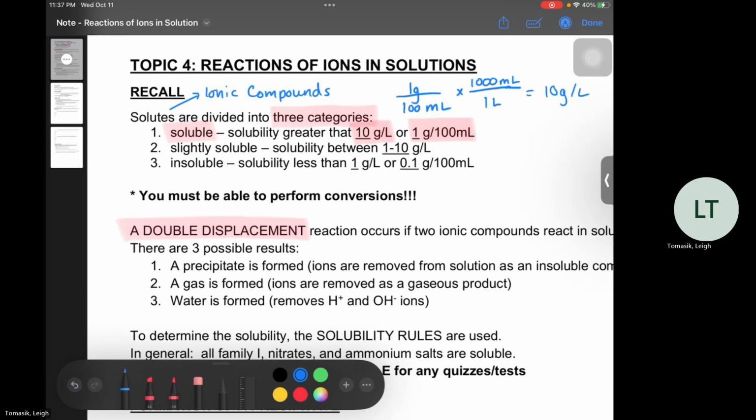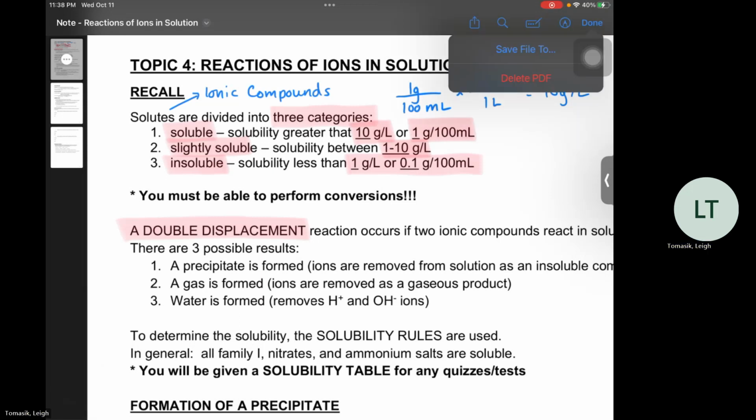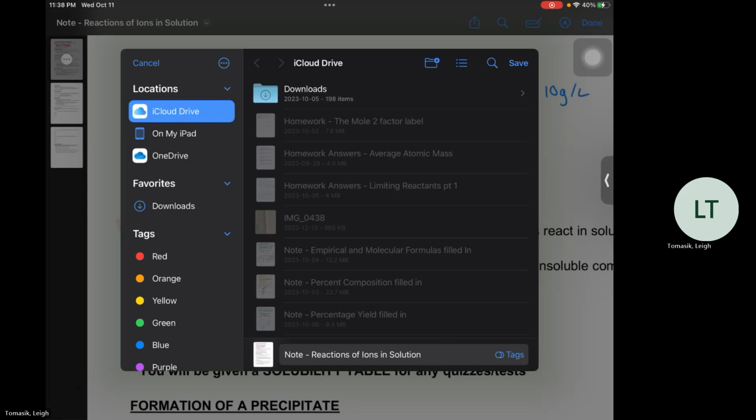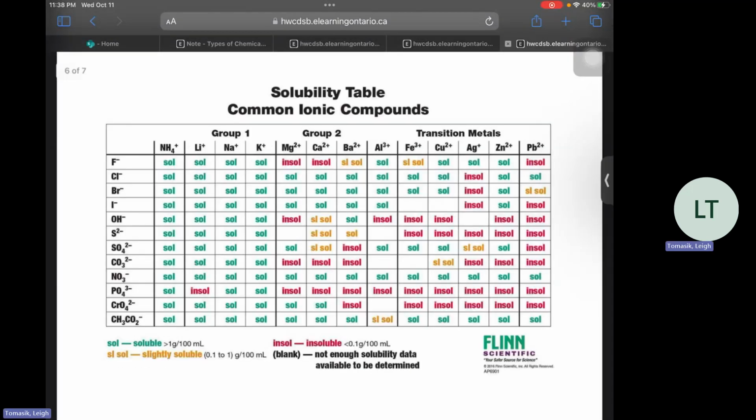Or it could be slightly soluble, which is between 1 and 10 grams per liter. Or it could be insoluble, which has a solubility less than 1 gram per liter. As you may recall, we have a solubility table.